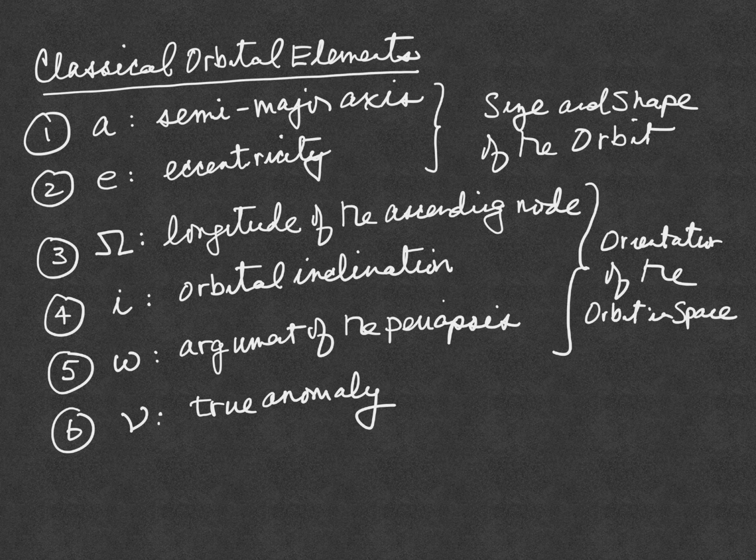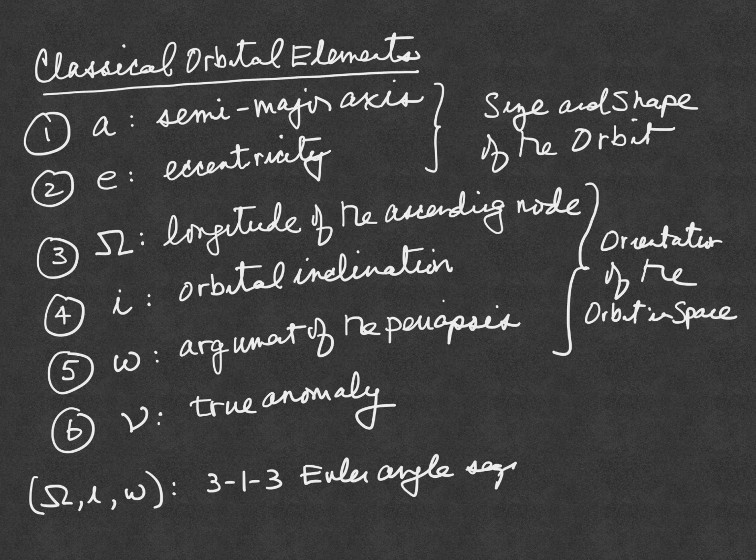Now it turns out that omega, I, and little omega together form a 3-1-3 Euler angle sequence. And that allows us to be able to use Euler angles as a foundation for being able to describe the orientation of this orbit in space.